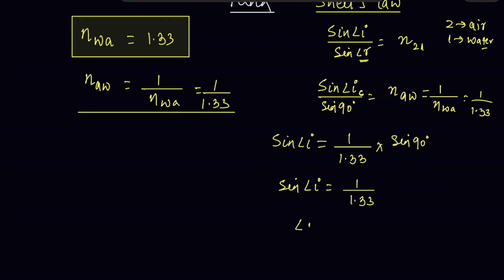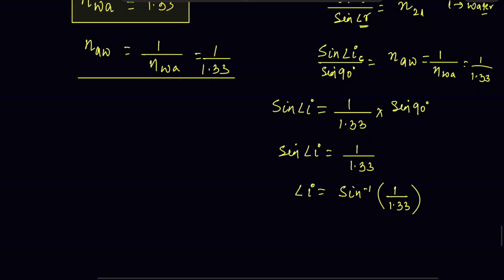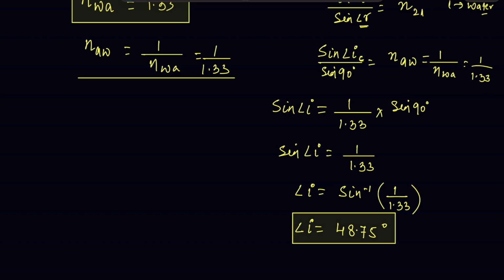So angle I is equal to sin inverse of 1 by 1.33. Generally in the question, these sine inverse values are given, or we can calculate it. Based on that, angle I is equal to 48.75 degree. So angle I is now known.